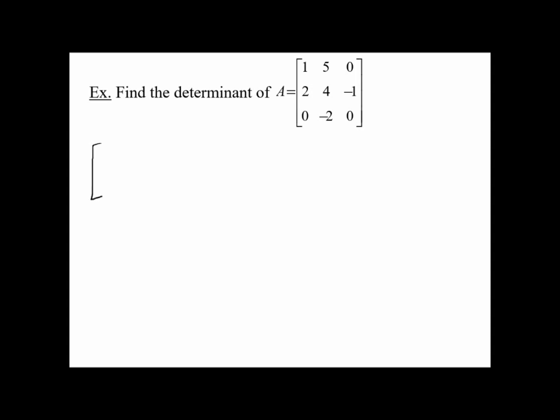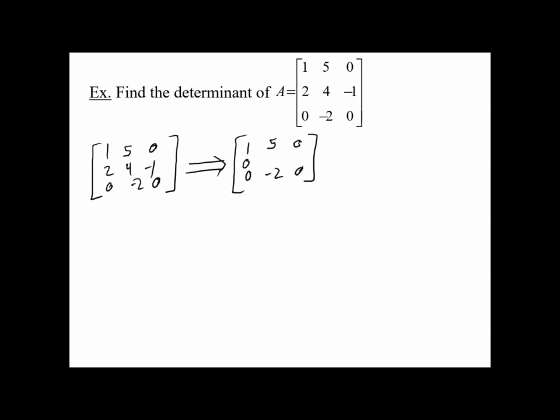So we've got the matrix 1, 5, 0, 2, 4, negative 1, 0, negative 2, 0. I'm going to start. So the top row is fine, bottom row is fine. I'm going to start by replacing row 2 with itself plus negative 2 times row 1.